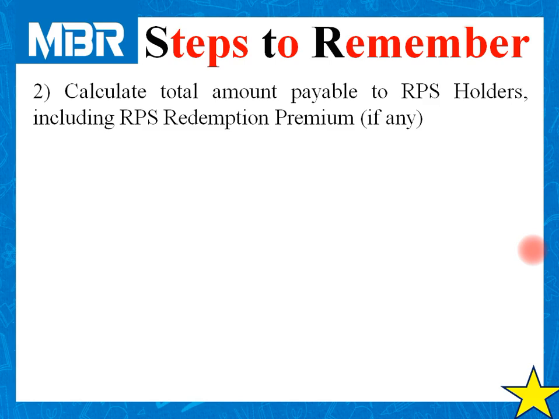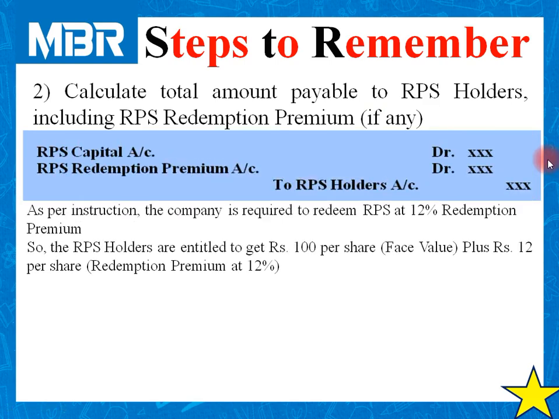It is given in the question that there were 5,000 shares. So 5,000 shares multiplied by 30 rupees per share, total amount 5,000 multiplied by 30, is 1,50,000.